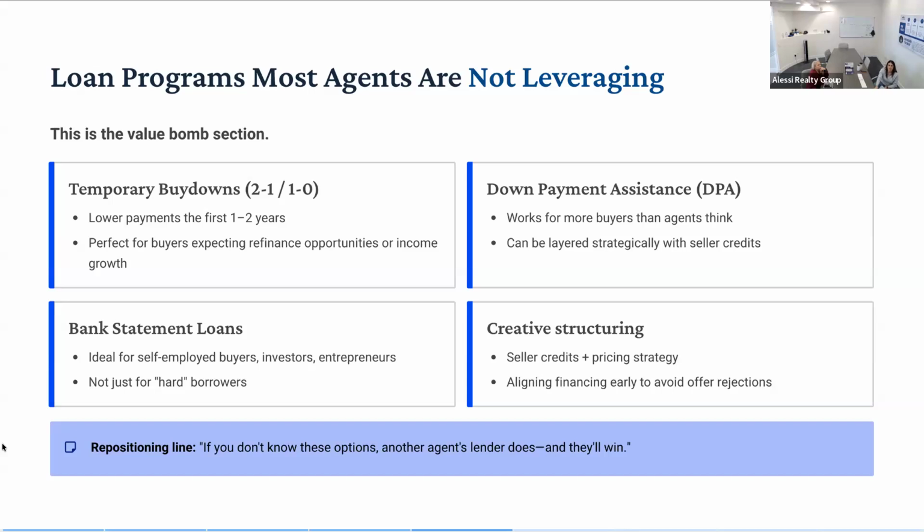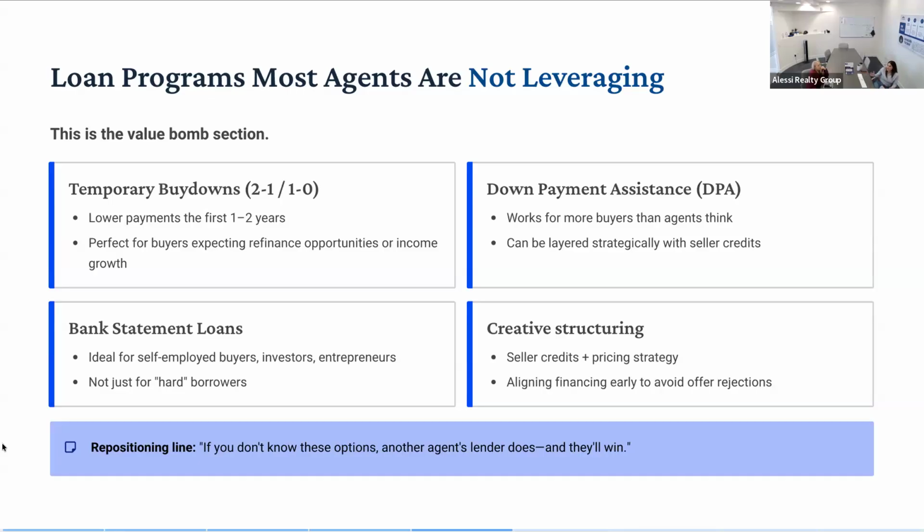The second year it's 5%, and then it goes to 6%, but they can refinance any time. And it can never go higher than the 6% they're locked in at. The only thing is that the seller has to pay for that. That is a seller paid program. The buyer cannot pay for that.